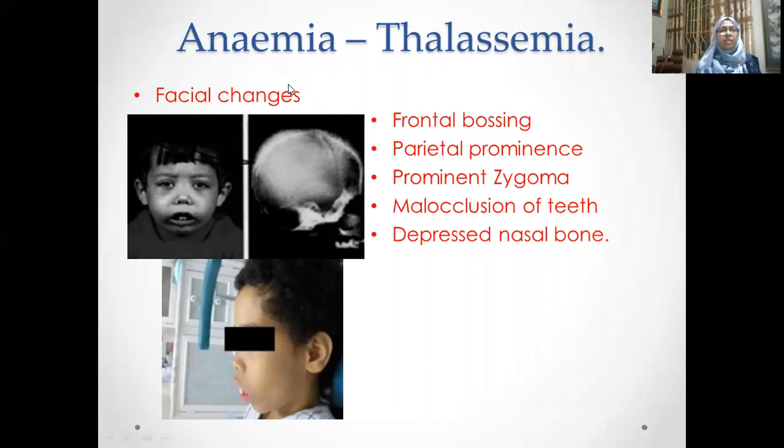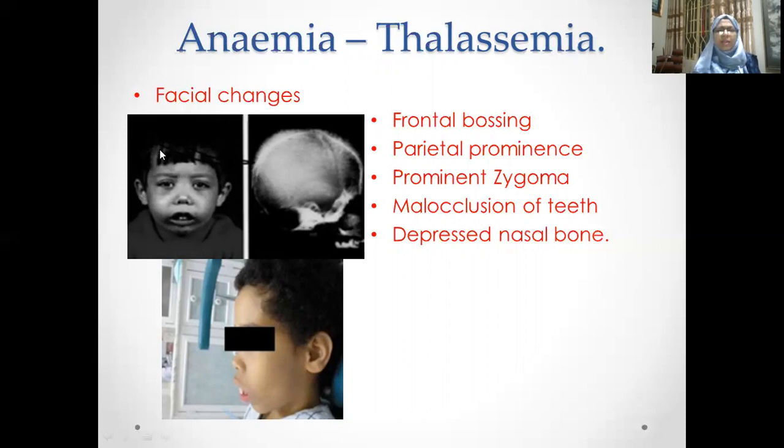Another question you may be asked in your Viva: if a child with thalassemia is available, you may be asked to look at the face of the child and give a running commentary. So how will you describe it? There is frontal bossing, parietal prominence.